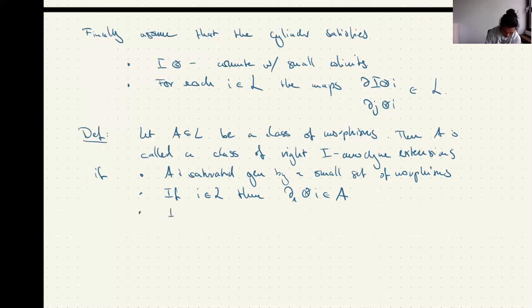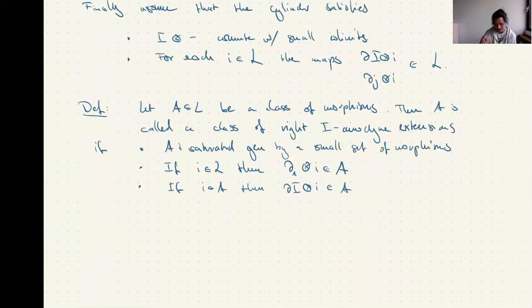And the third condition is if we are starting with a right I anodyne extension, then the other push-out product preserves this. So for this definition of right anodyne extensions, we are just using one of the inclusions into the cylinder and not the other one.